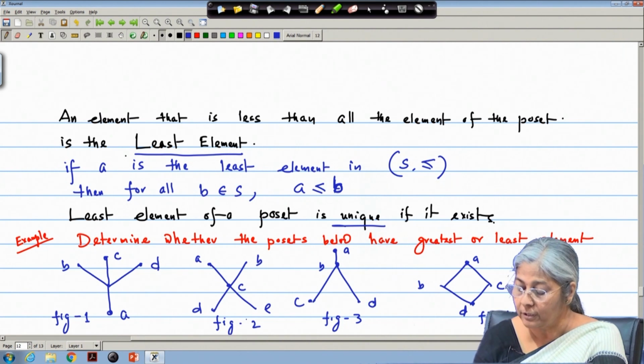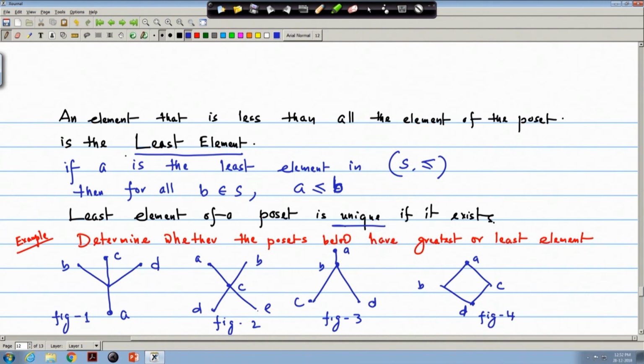If we see figure 2, no least element, no greatest element. Here the greatest element is A, but there is no least element.